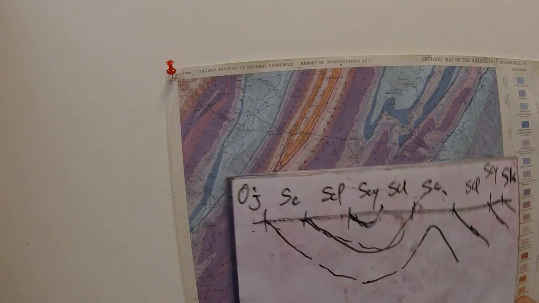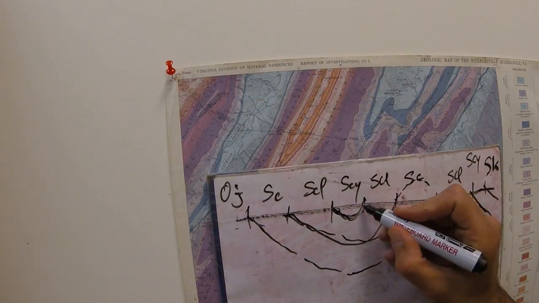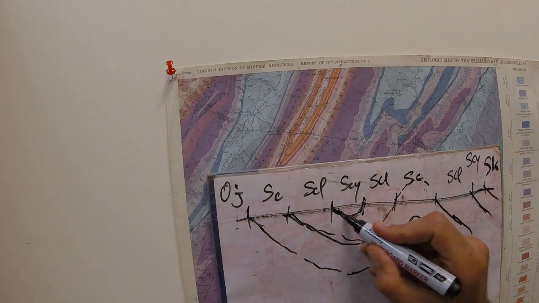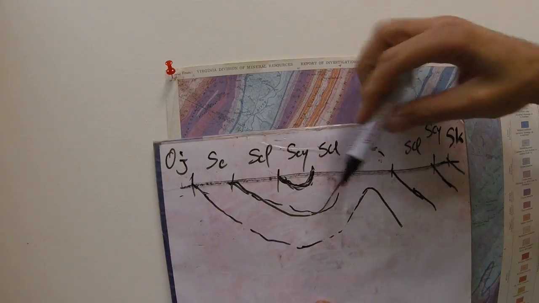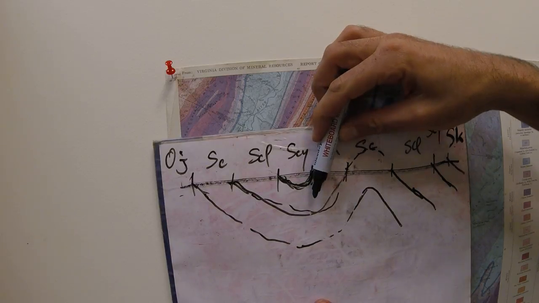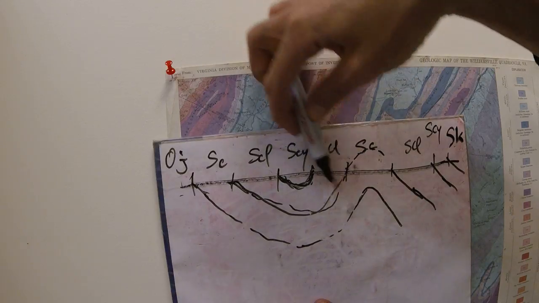Well, the idea is that all these measurements probably talk about the same thing, which is that contact here between SCY and SCL. Because you can see that if you've got a bed that is dipping 70 degrees towards the northwest here, it doesn't need much for it to be overturned 80 degrees towards the southeast.